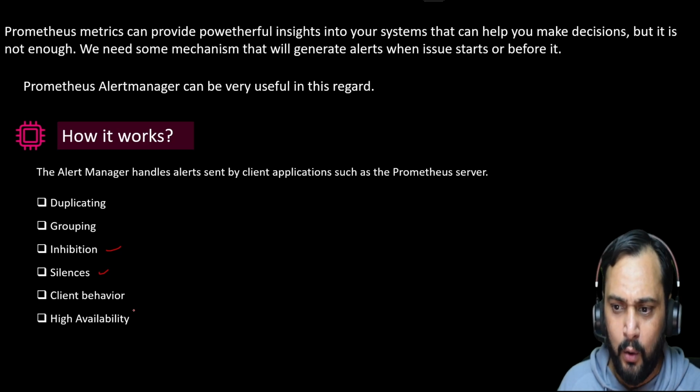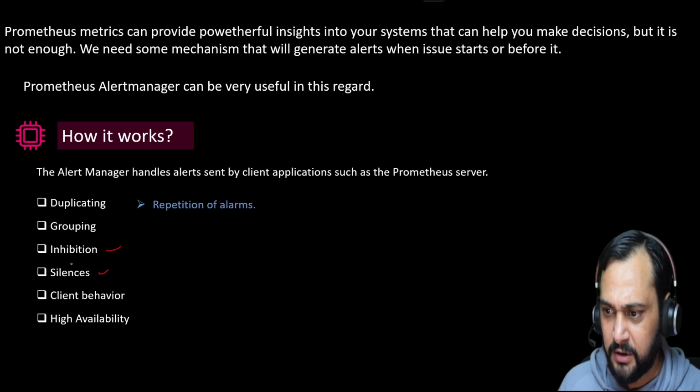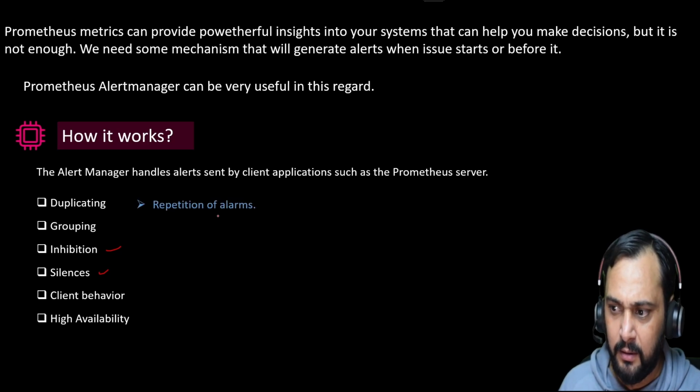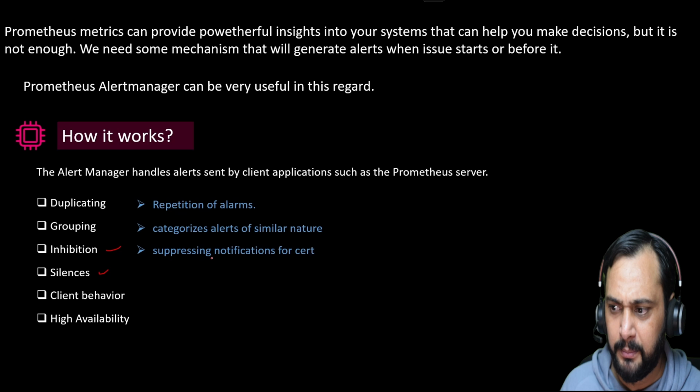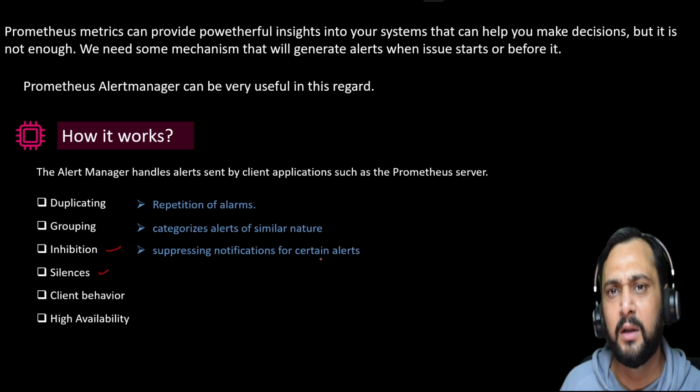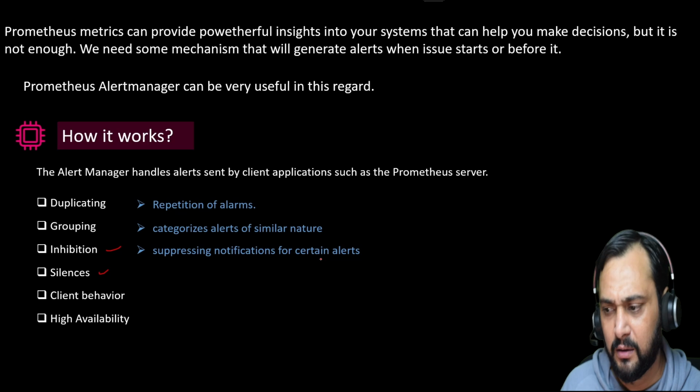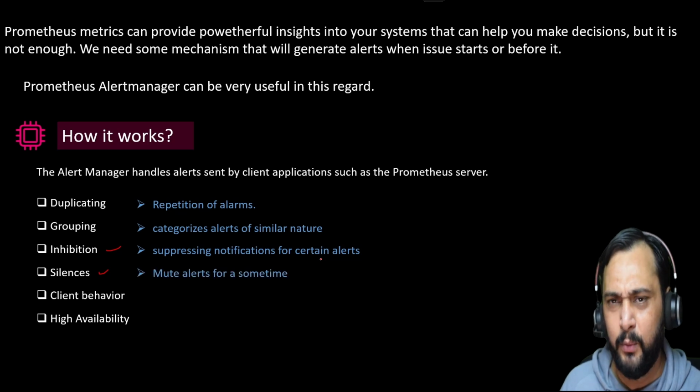I will show you how to install Alert Manager directly in the lab section. This is what it is saying: deduplication of alarms, grouping categorizes alerts of similar nature, inhibition suppresses notification for certain alerts if other alerts are generating, silencing mutes all the alarms for some time.